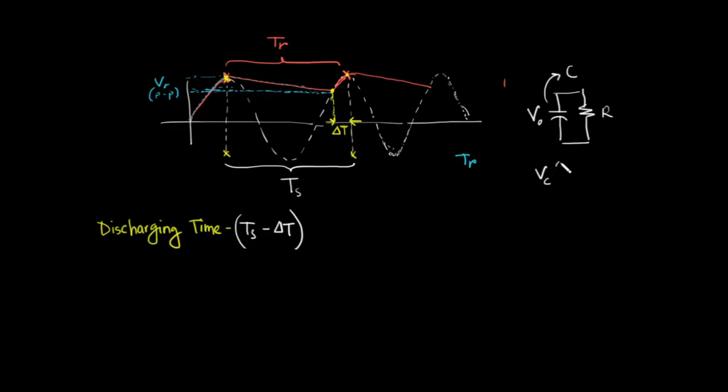Let me write this as V_C(t). So this is the expression: V0 e to the power minus t by RC.